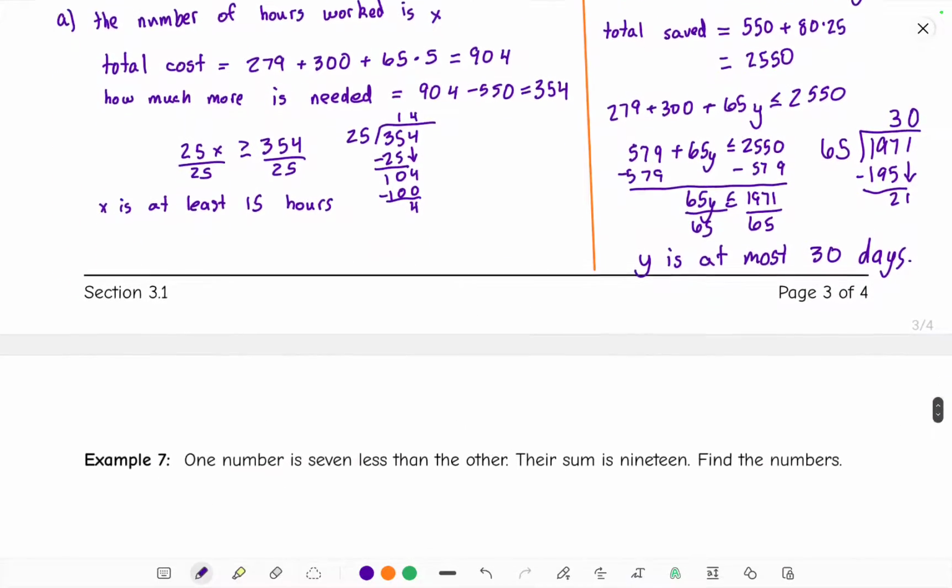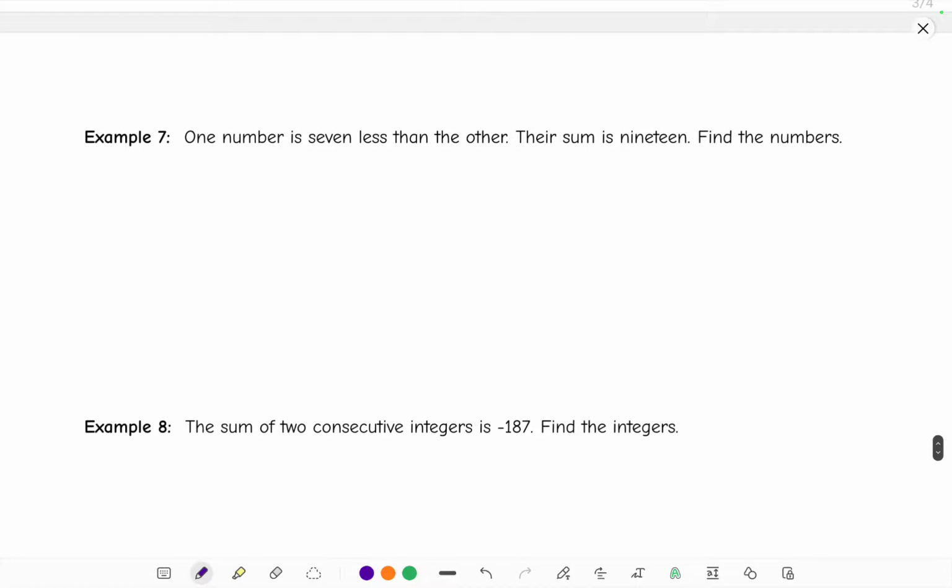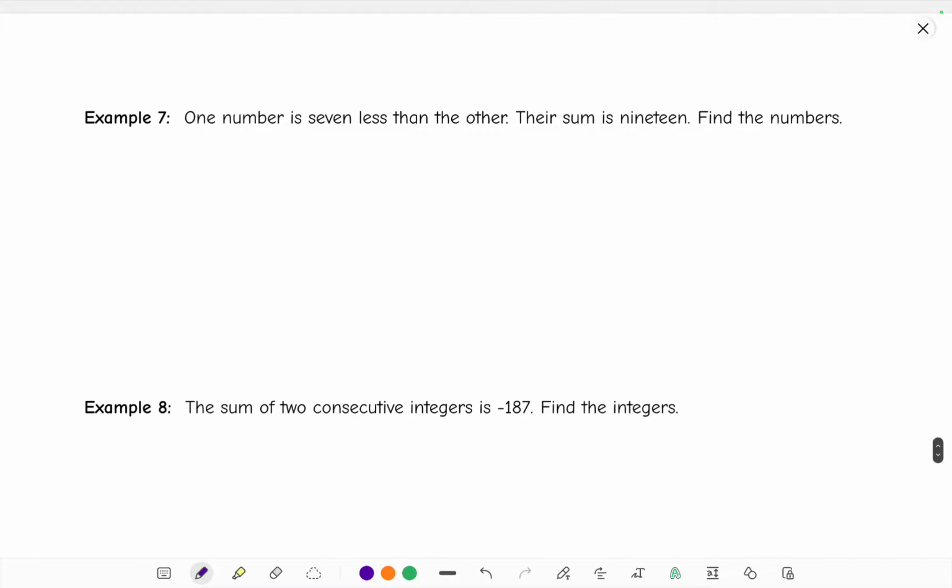Okay, just 2 more examples for this video. So example 7. One number is 7 less than the other. Their sum is 19. Find the numbers. So here we have one number. Let's call that x.